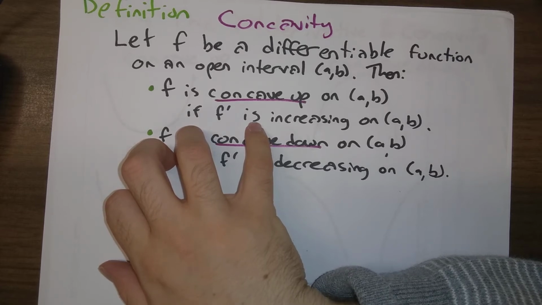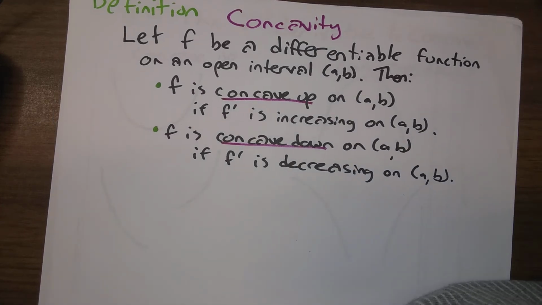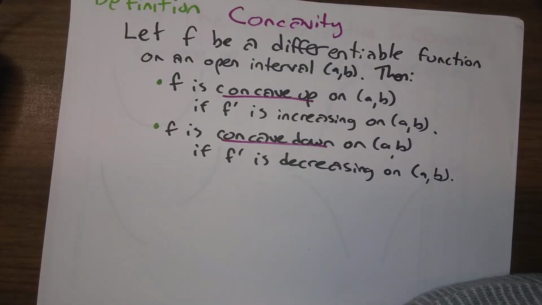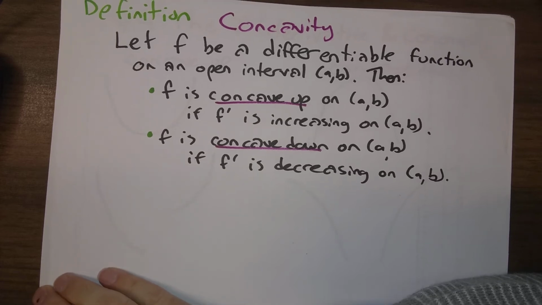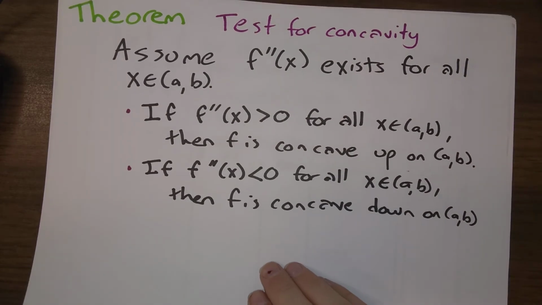That corresponds to the second derivative being positive. Whereas if the second derivative were negative, the rate of change of the first derivative would be negative. That would be f prime is decreasing. So apart from just writing in terms of f prime is increasing and f prime is decreasing, we can write out a test for concavity.